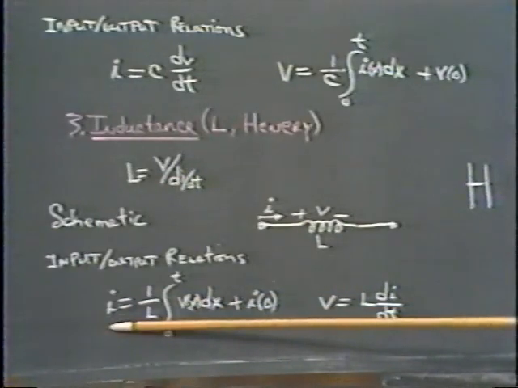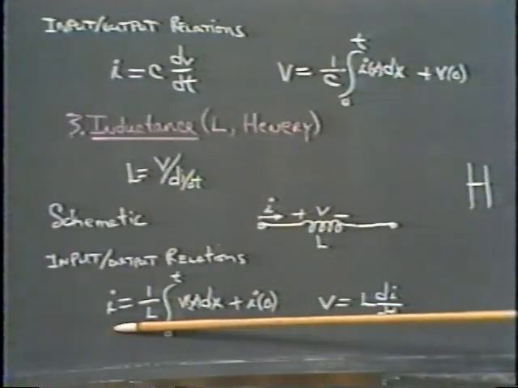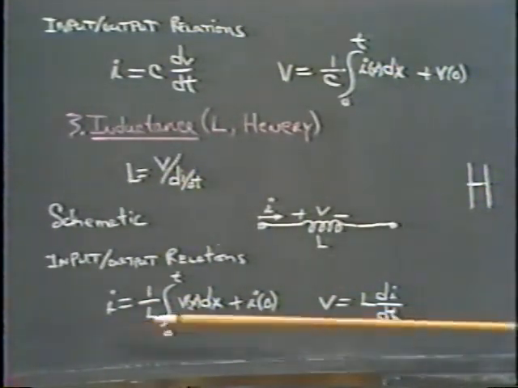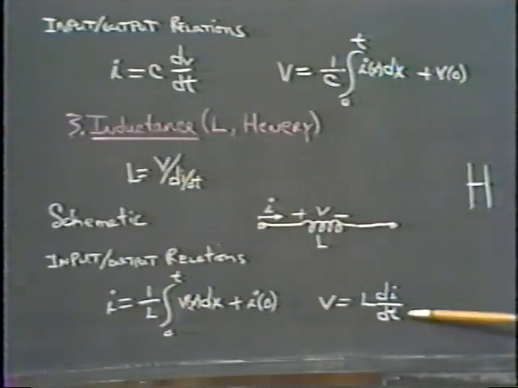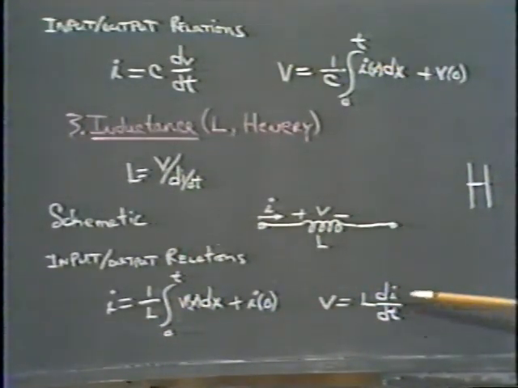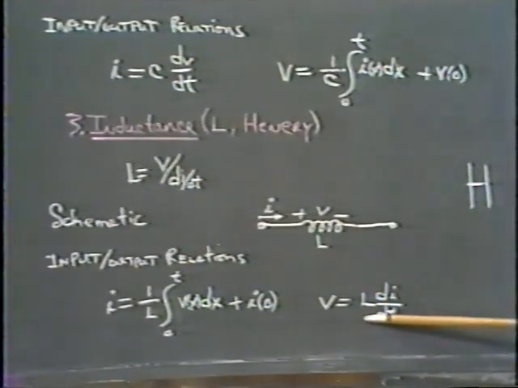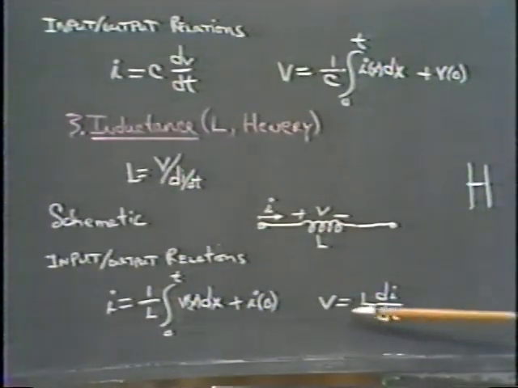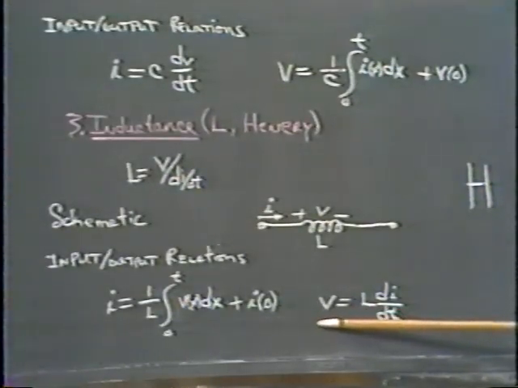And that will be the current through the inductor at time t. The opposite relationship can be found when we're given the current through the device, taking the derivative or time rate of change of current through the device, multiplying it by the inductance in henries. We'll then obtain our output or voltage across the device.